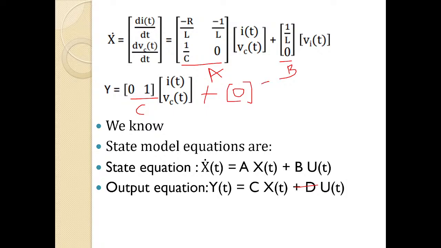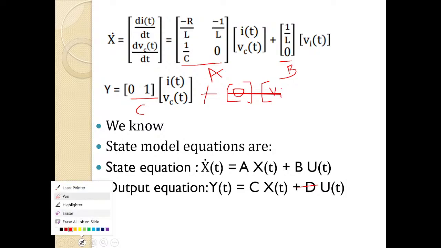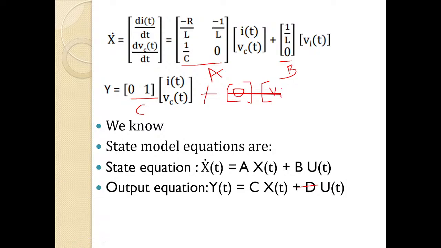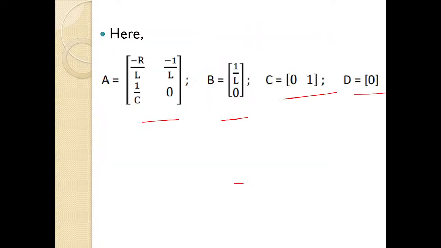There is no Vi of t actually, but I am writing it here. Output is only directly equal to Vc of t, not Vi of t, so actually I should not even write this Vi of t. So this is our D. A, B, C, D are the constant coefficients.